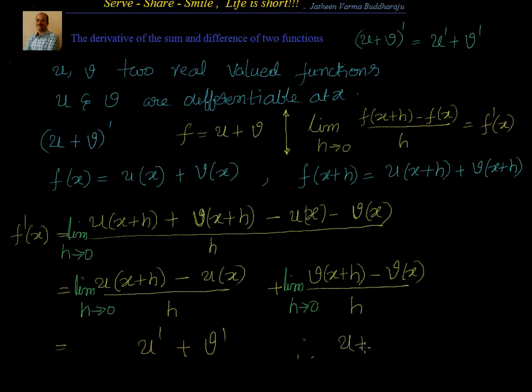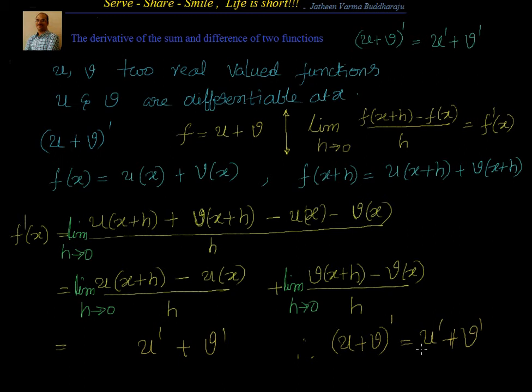Therefore, for u plus v, the sum of two functions whose derivatives exist, the derivative of the sum is equal to the sum of the individual derivatives. You can do individual derivatives and sum them up, or subtract them as needed.